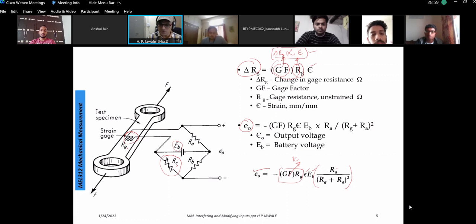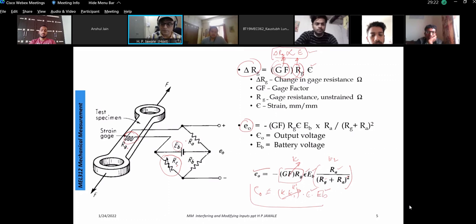Now if these resistances are fairly going to remain constant, again this can be considered as a constant K2, so that EO will be equal to this constant K into K1. Again that can be called a constant K dash into strain into EB. So majorly the output EMF or output voltage will be proportional to the strain times the input voltage EB.